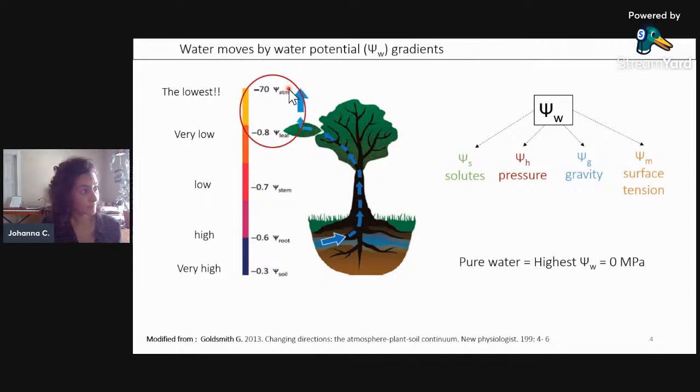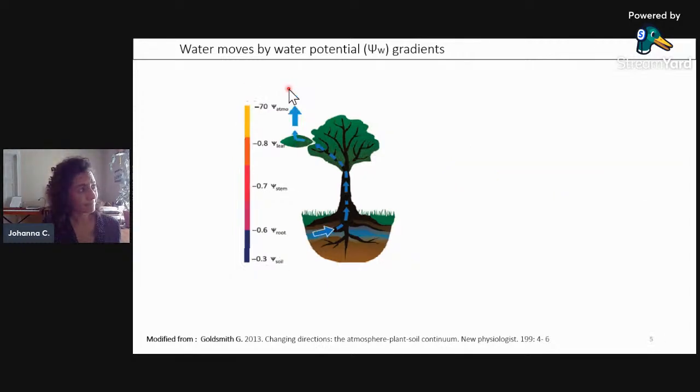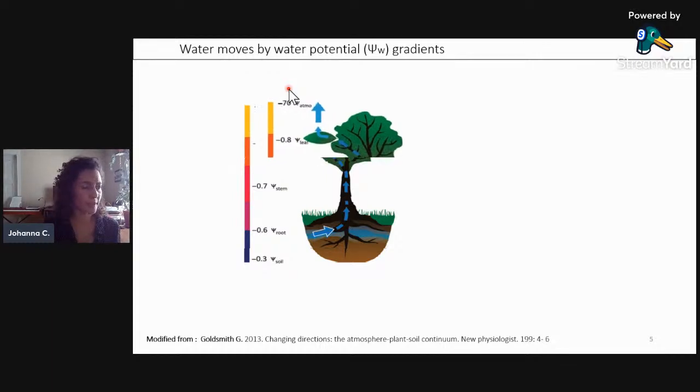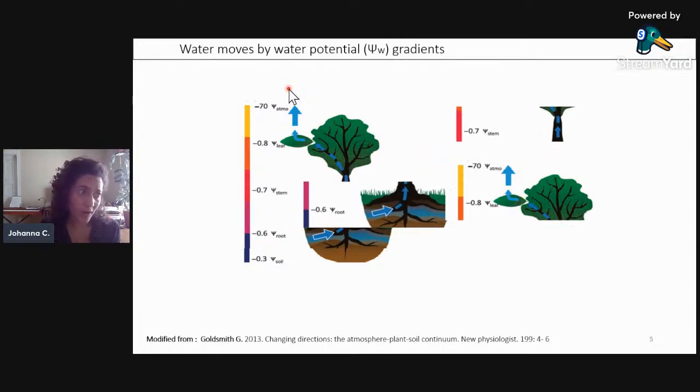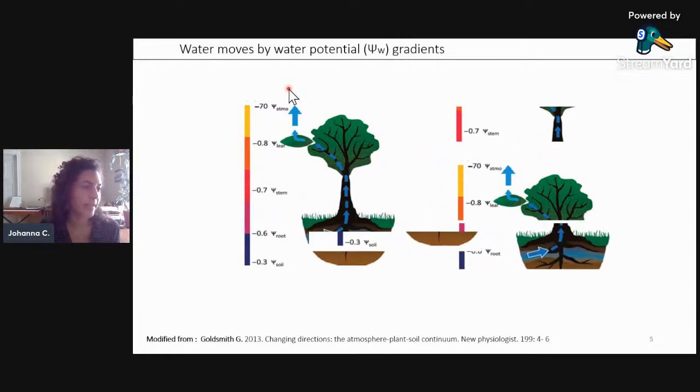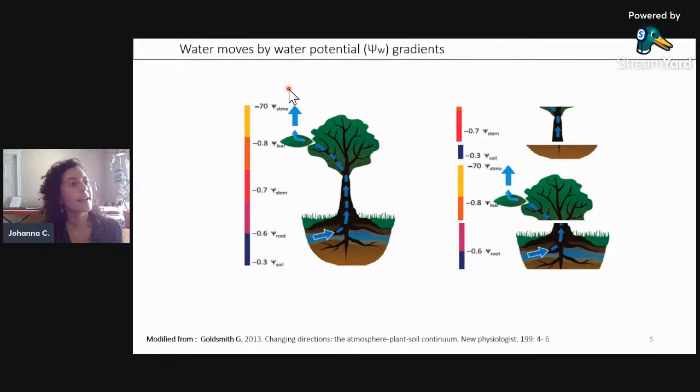But then, if the water movement depends on the order of these water potential gradients, what would happen if these gradients change? How would the movement of water within the tree be? And before answering this question, I'm just going to talk a little bit about myself.